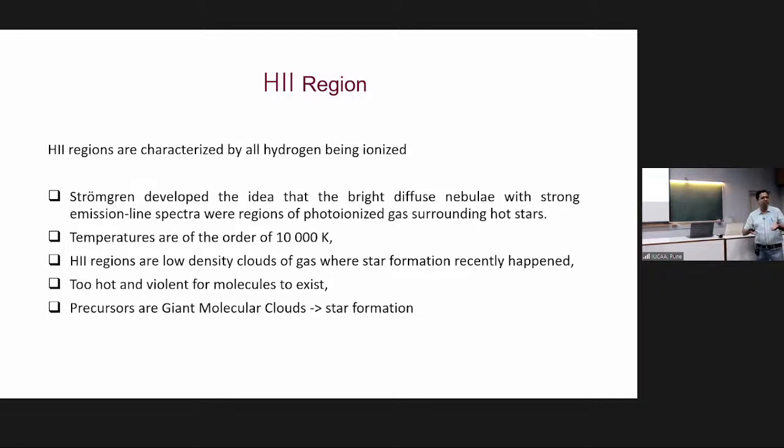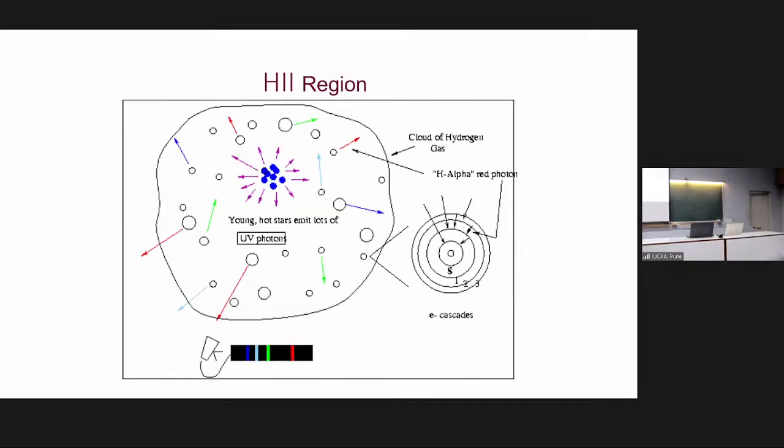Because it is very close to the young massive star, it is heavily exposed to the UV photons coming from the stars. That is why it is ionized. So you can see what is happening: young stars give away a lot of photons, and these photons strike and ionize the hydrogen.